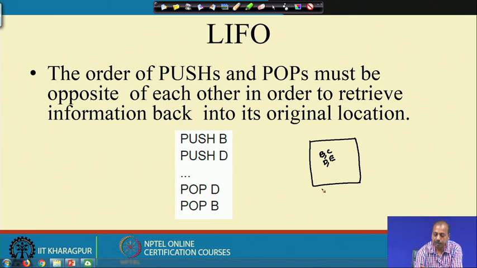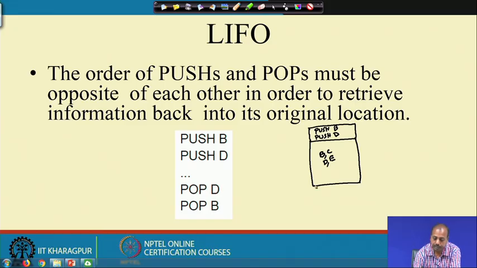For that purpose, we have to save these registers. So, we should have two instructions here, push B and push D. These two instructions should be there for saving them onto the stack.